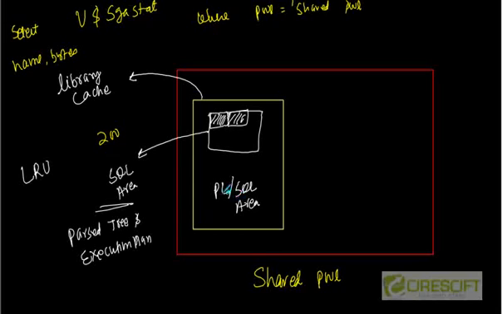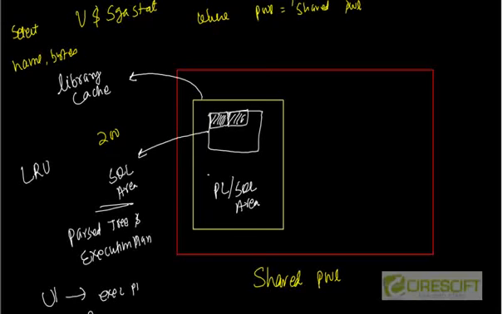This is why, when we discussed why PL/SQL is faster, say for example user number 1 executes a procedure called exec p1. While he runs exec p1, this procedure p1 is compiled, parsed and stored here in this PL/SQL area. The next time user 2 runs exec p1, he's just going to run this one, and that's going to be much faster than anything else.